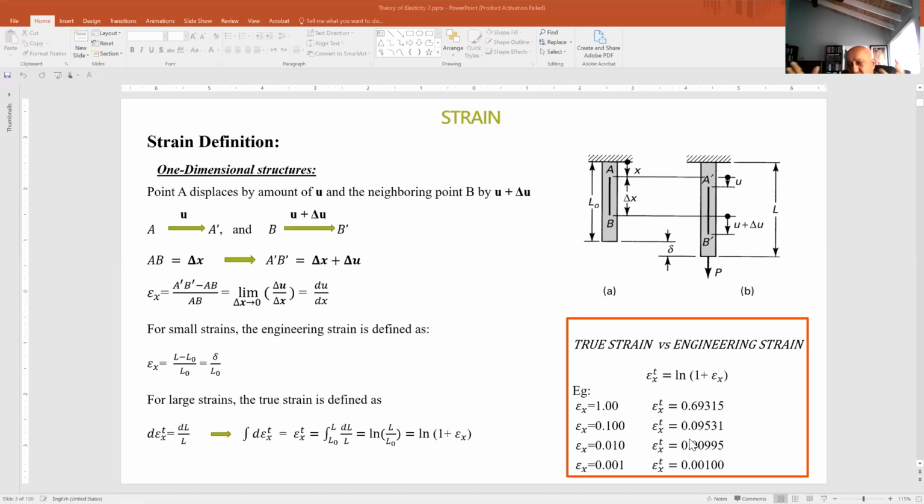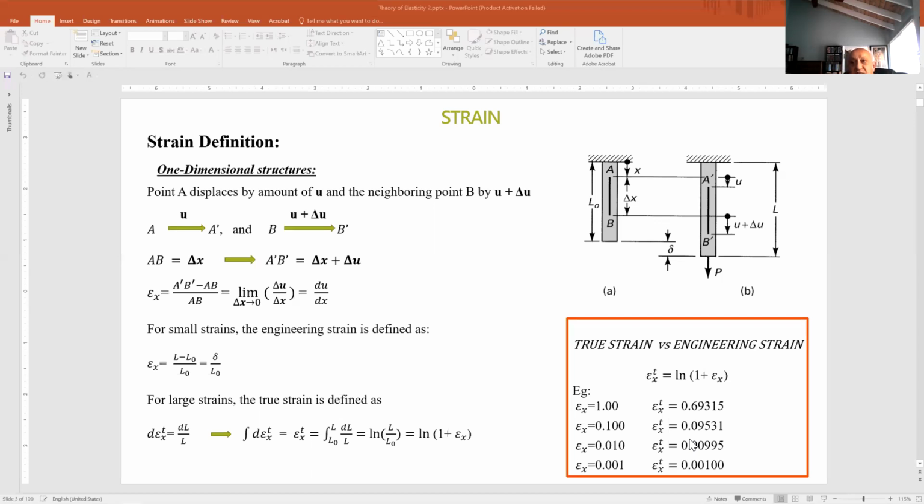So, for example, for the aluminum, you look into the table, you look into the handbooks, aluminum, say 6061 T6, has this specific property, and you write down that stress-strain relationship for that aluminum from the handbook in front of you. However, that strain that you read from the handbook is engineering strain.